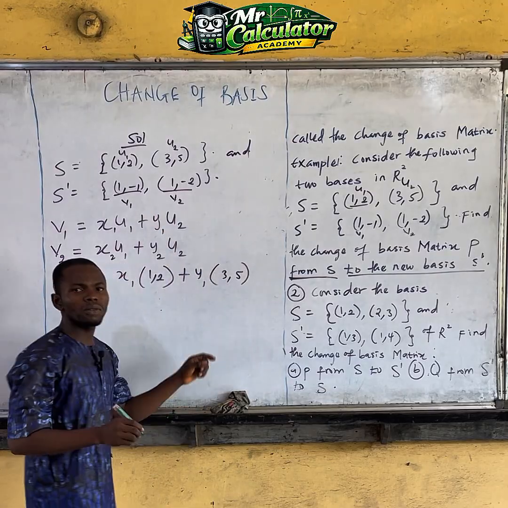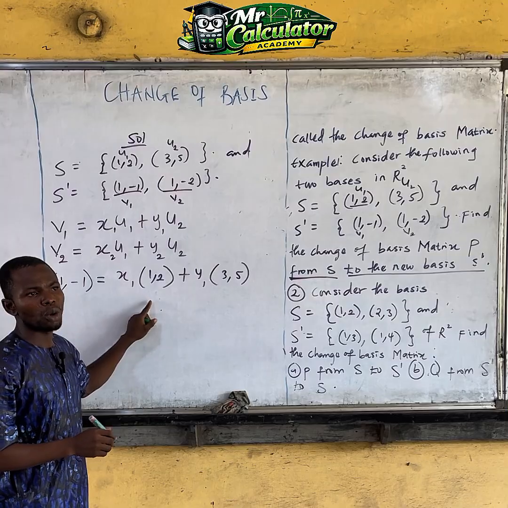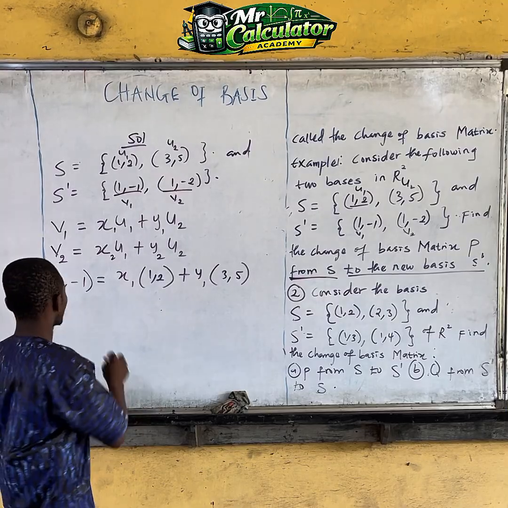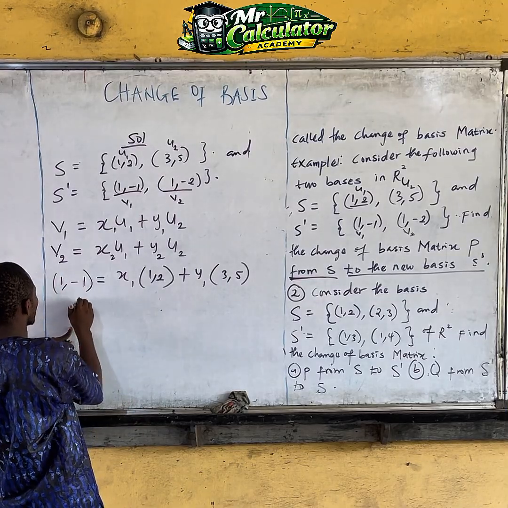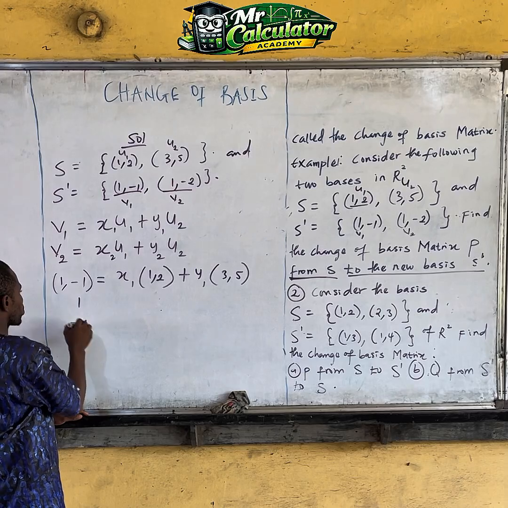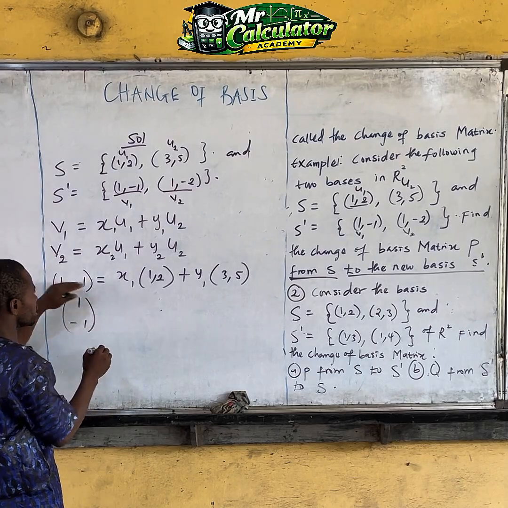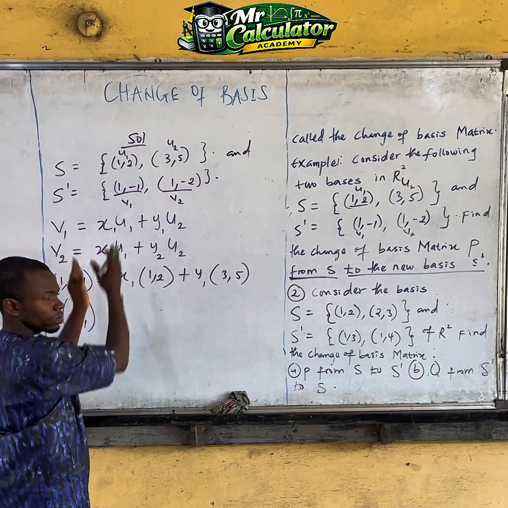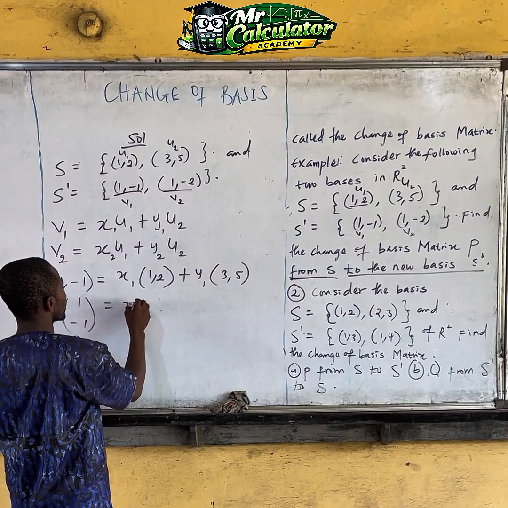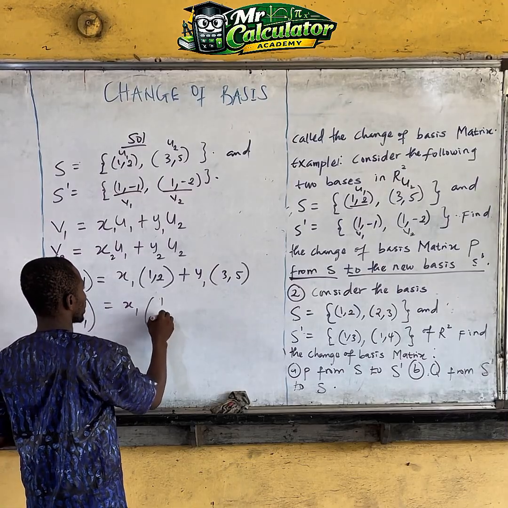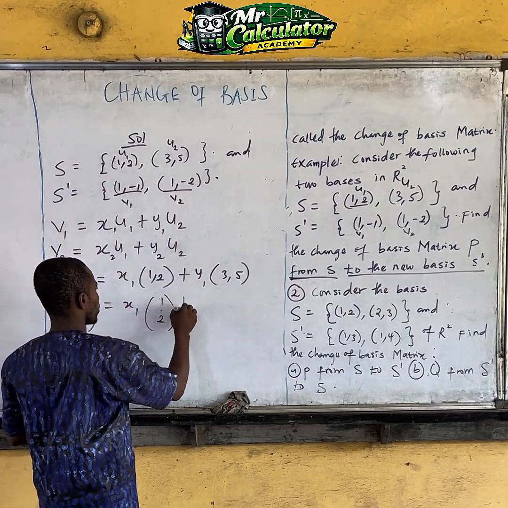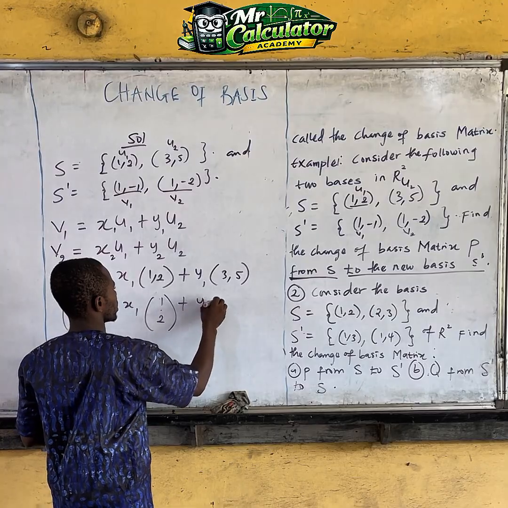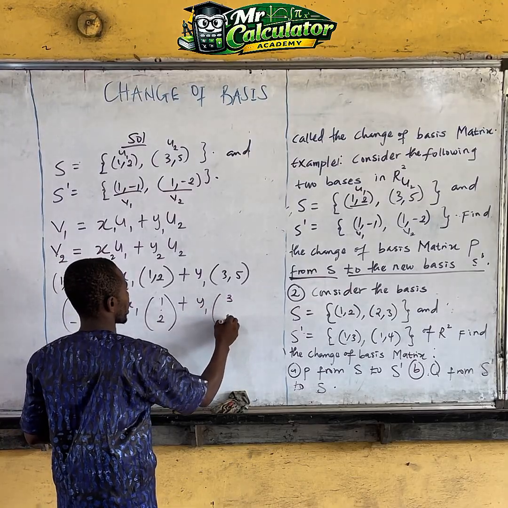But we have to solve it in the form of a column matrix. So (1, -1) as a column matrix, this is a row and we want to change it to a column, equals X1 times (1, 2) plus Y1 times (3, 5).